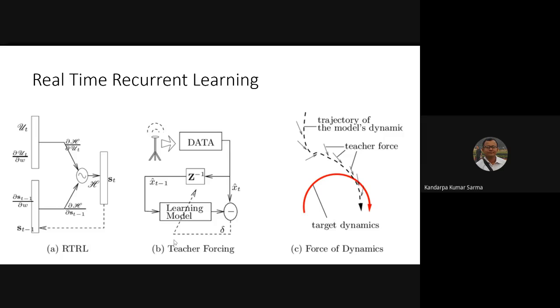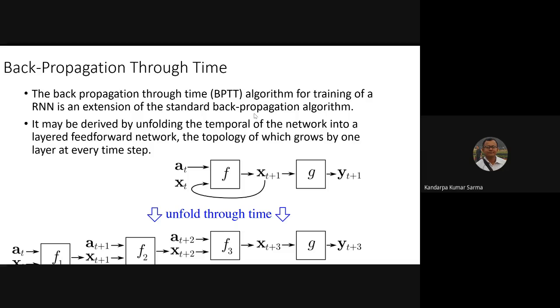When you want to do some trajectory modeling or trajectory tracking, in that case too you need to use real-time recurrent learning, which also requires the feed coming in real time. So this is how real-time recurrent learning will be considered for real-time situations.